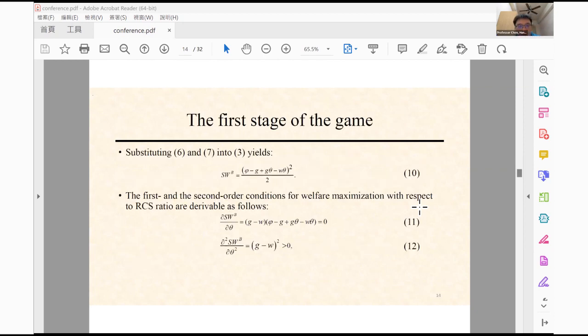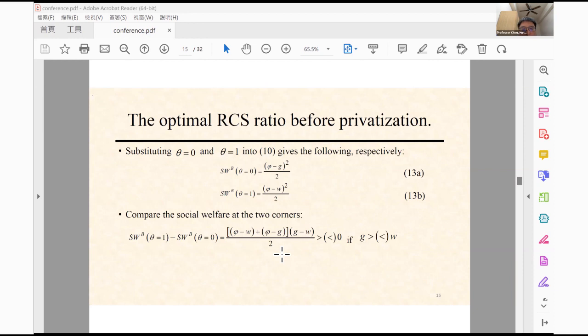Then we go back to the first stage of the game. Equation 10 is the welfare function. Then we would like to decide the optimal RCS ratio. Since the second order derivative of social welfare with respect to theta is positive, there is no interior solution for the RCS.